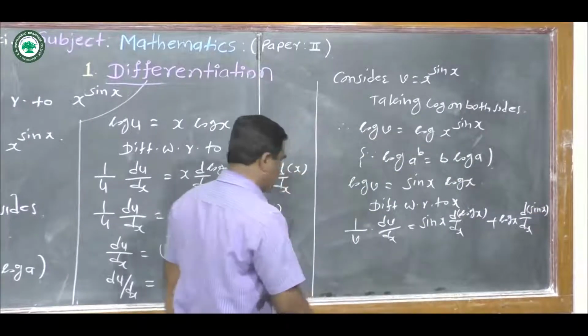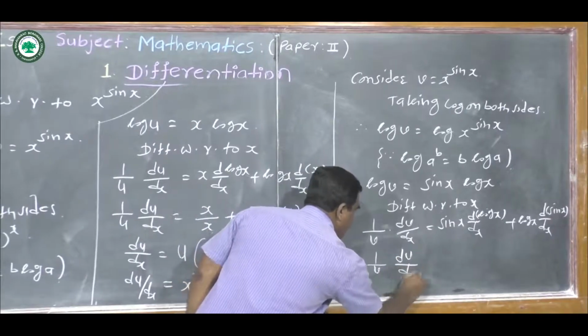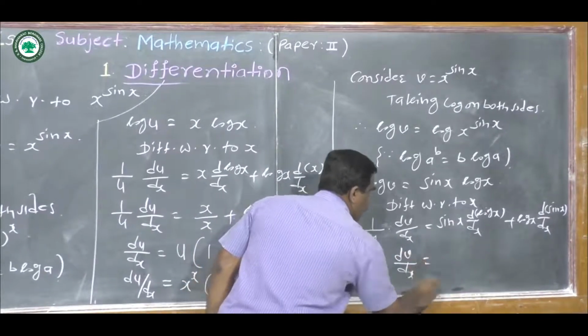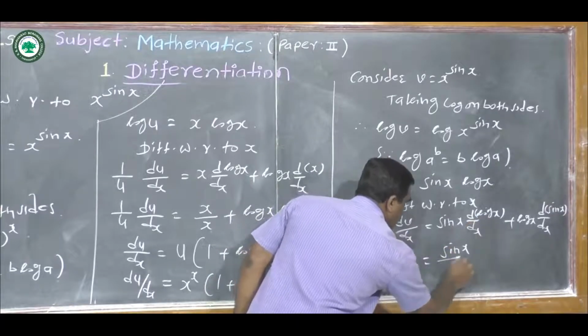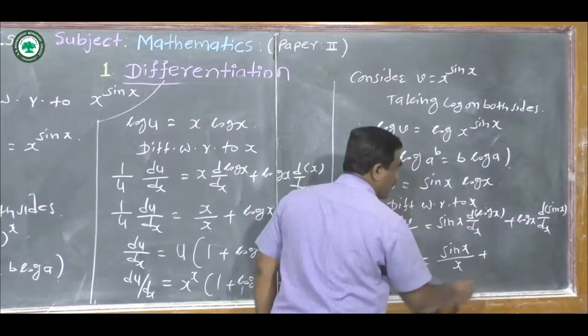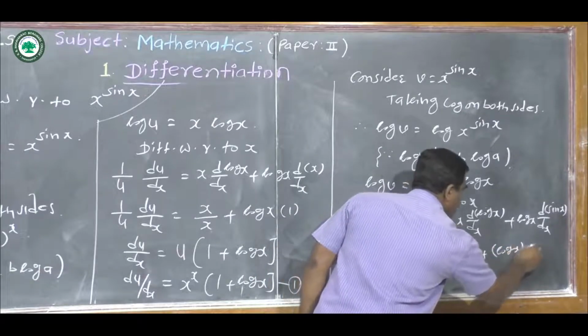That is, we write here 1 upon v into dv by dx is equal to sin x, derivative of log x, 1 upon x, plus log x into derivative of sin x is cos x.